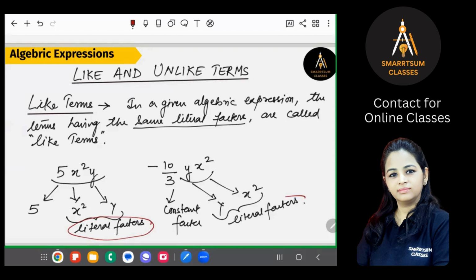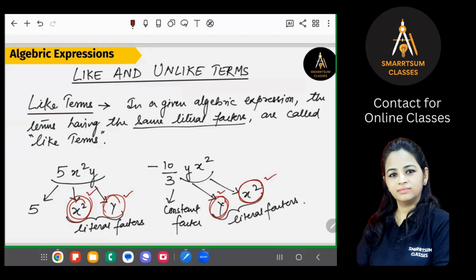So what are the literal factors here? Just see. Everybody see to the board. Here we have x square. Here also we have x square. Here we have y. Here also we have y, right? So you can see in both the terms, the literal factors are same. X square, y, and x square, y.